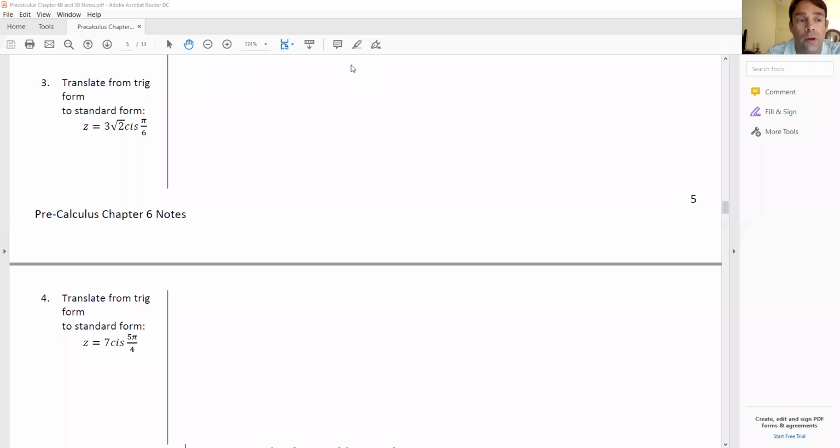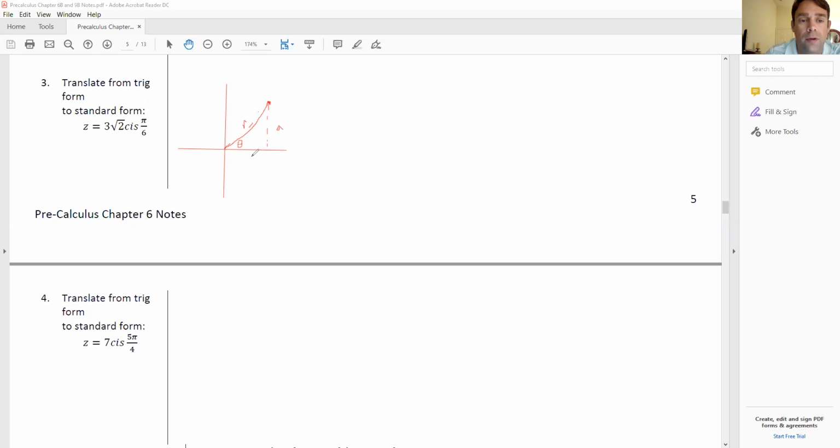What we're going to do now is go from trig form to standard form. So to go from there, let me draw this out for you a little bit so you can see how this whole thing plays out. If we have some value here, here's my theta, here's my R value.